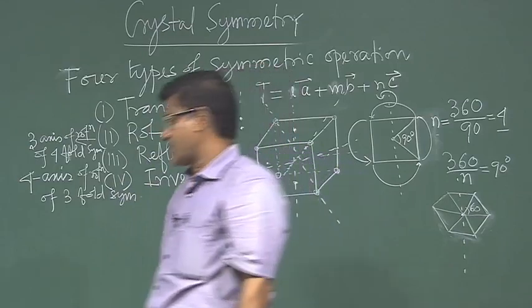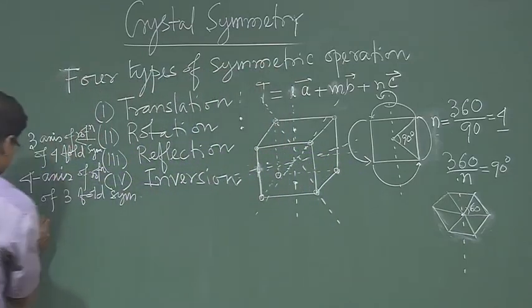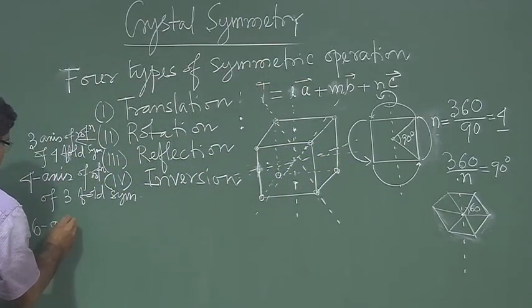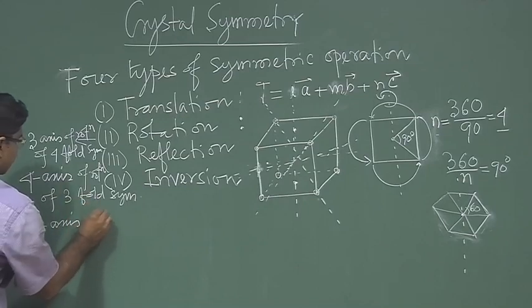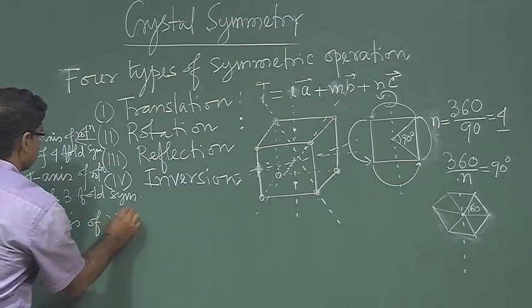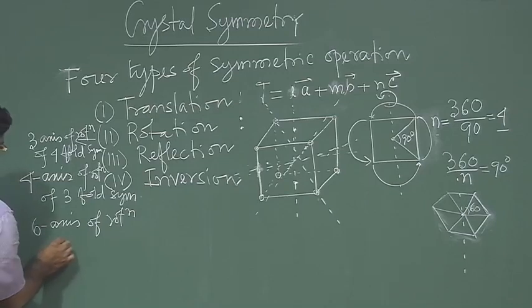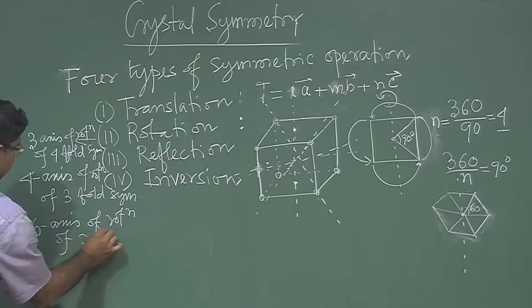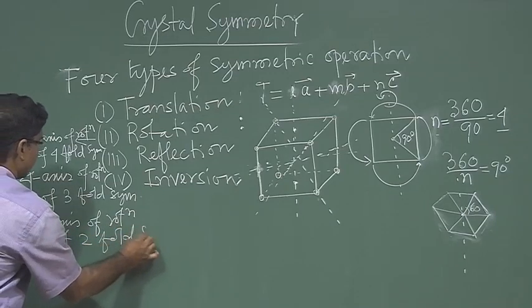So you will have 6 axes of rotation, 6 axes of rotation of two-fold symmetry, right, two-fold symmetry.